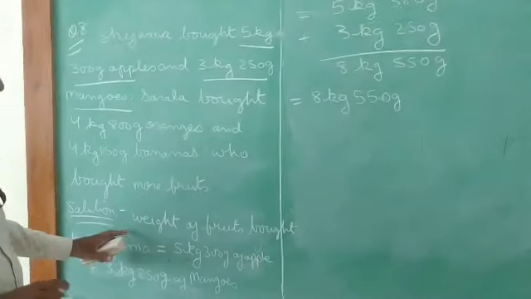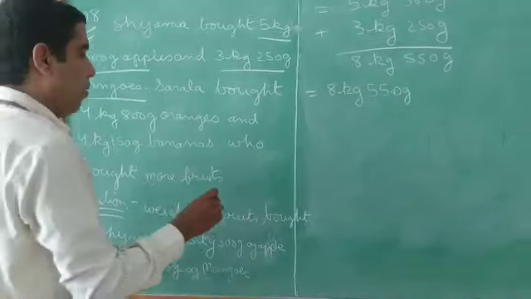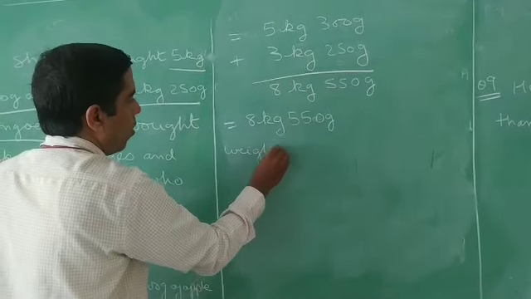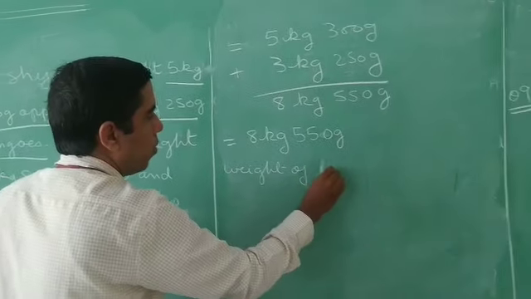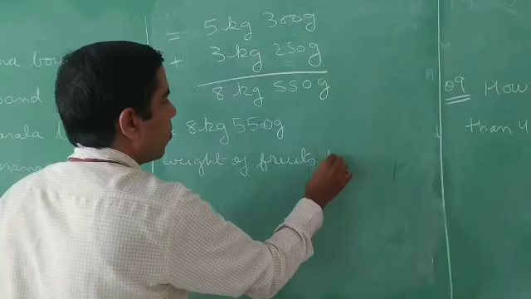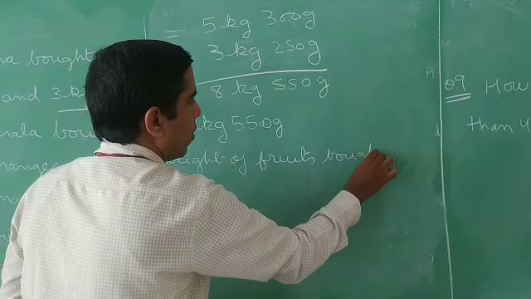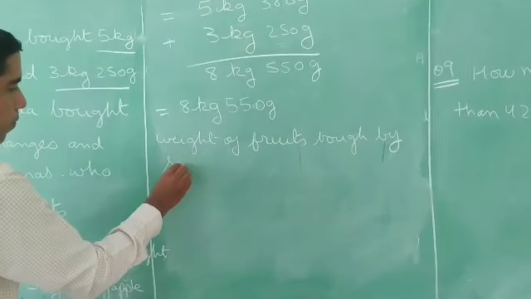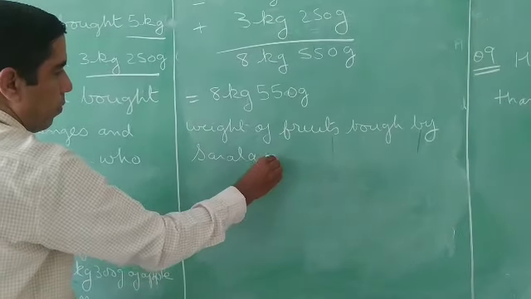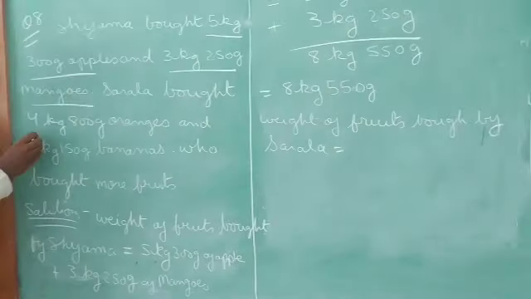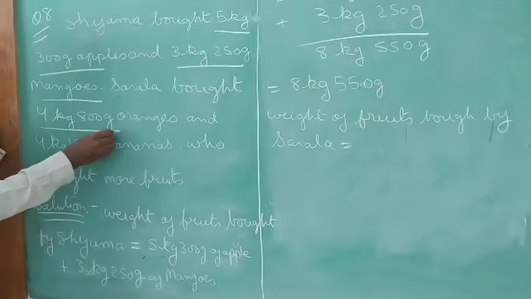Now, same way, I will write weight of fruits bought by Sarla. Therefore, now you can see here the next one. It is 4 kg 800 grams of oranges.